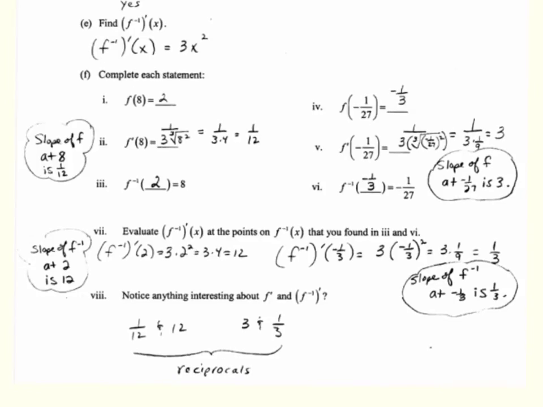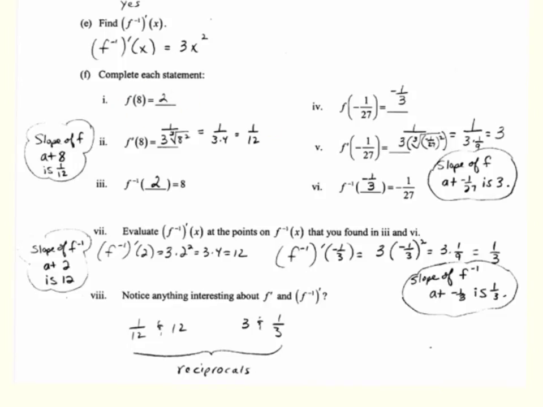Once again, let me see if I can point out a couple of relationships here for you. F prime of 8, the derivative evaluated at 8 of the original function, is 1/12. All right? Now, we know that f of 8 is equal to 2.